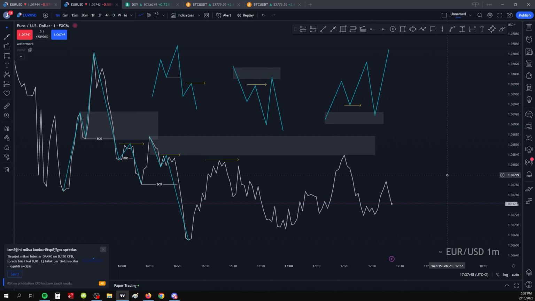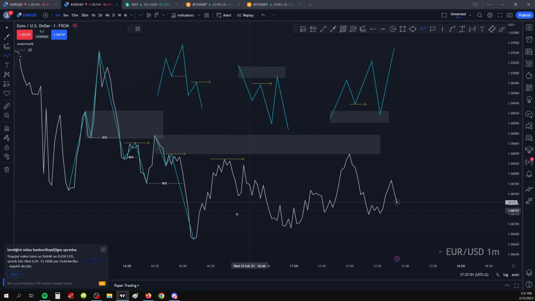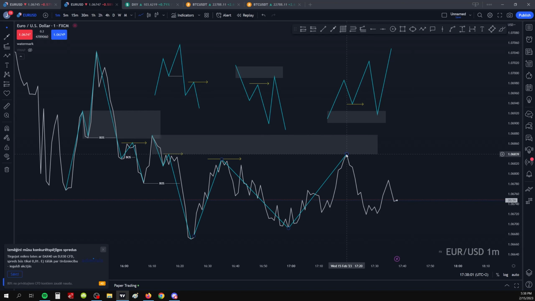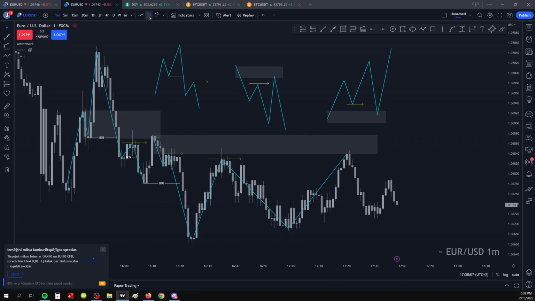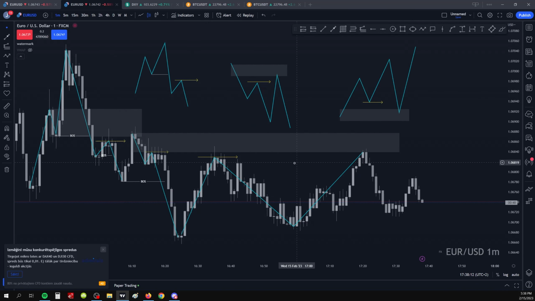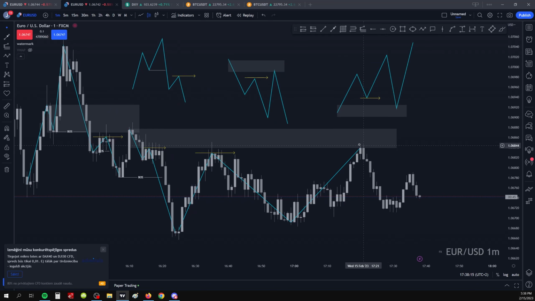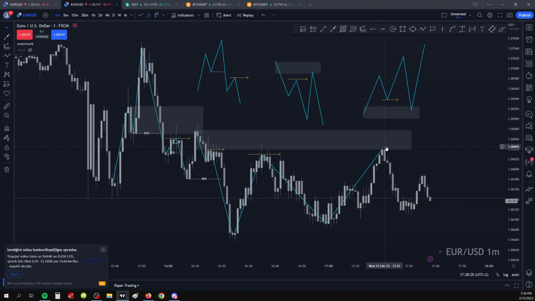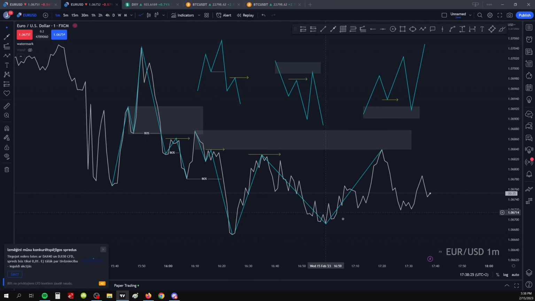Okay. One, 2, 3. With this, we took out this, and if we go into the real candles, as you can see, we did not take this high, but on the line chart we did.